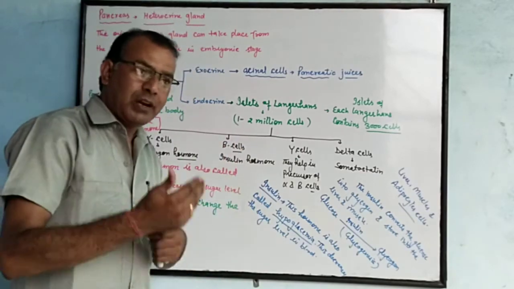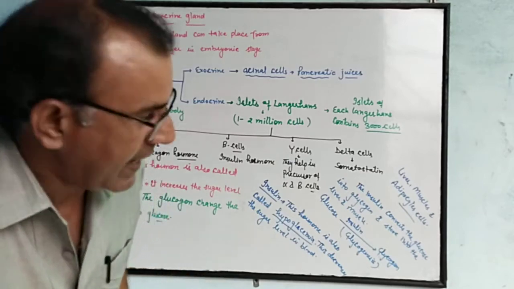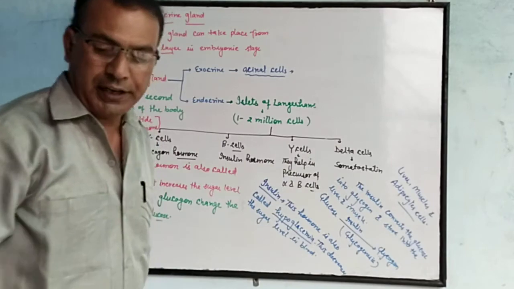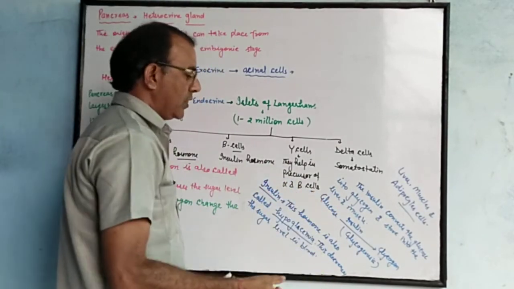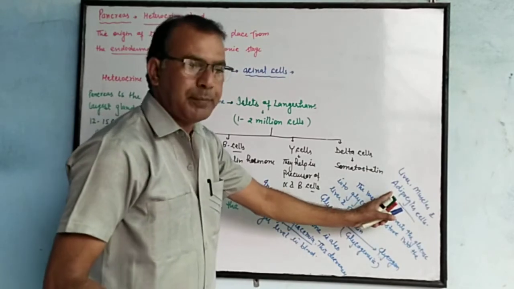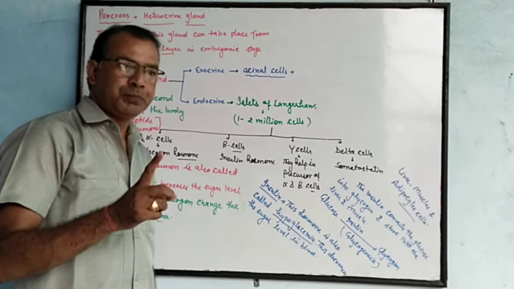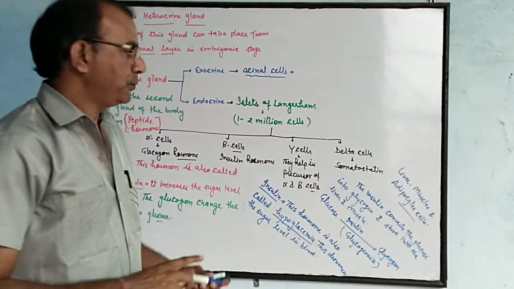But if the sugar level exceeds, the amount of glucose is excess in blood. At that condition, the insulin changes this excess amount of glucose into fat and stores it into the adipocyte cells. We know that adipocyte cells are found in adipose tissue, which we have already learned in connective tissue.